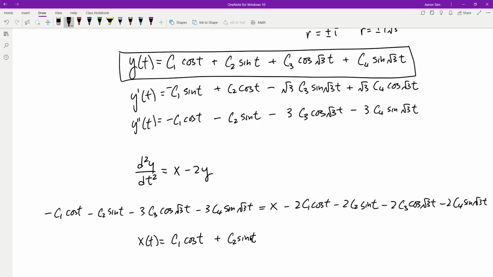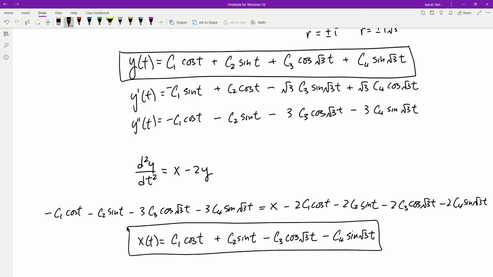But for the last two, notice I have negative 3 on the left-hand side. When I move the negative 2 on the right-hand side, I still have negative left. So it becomes negative c3 cosine radical 3t minus c4 sine radical 3t. So it seems to me that is my solution for x.